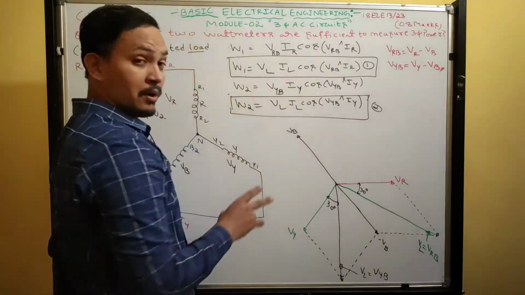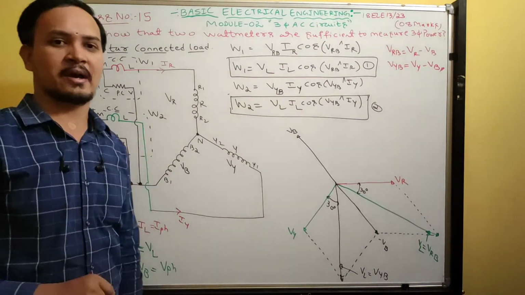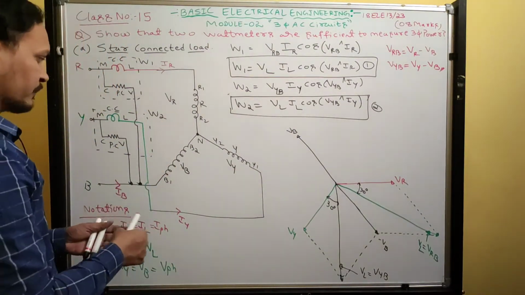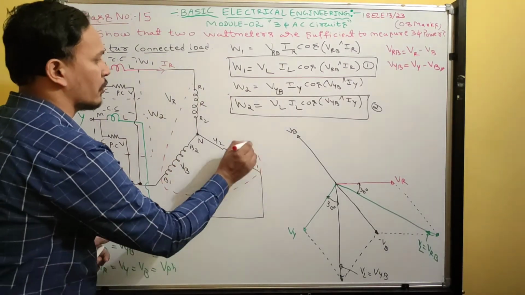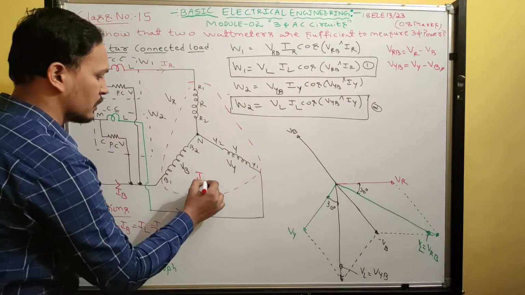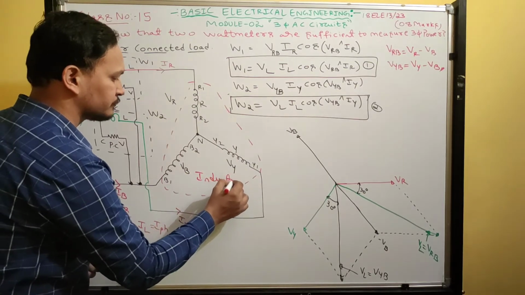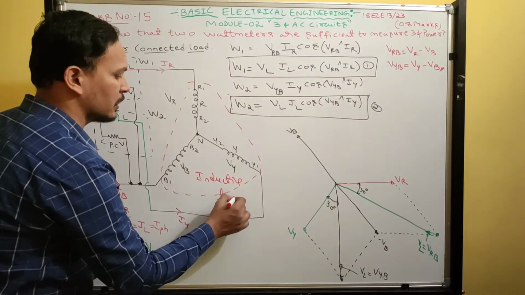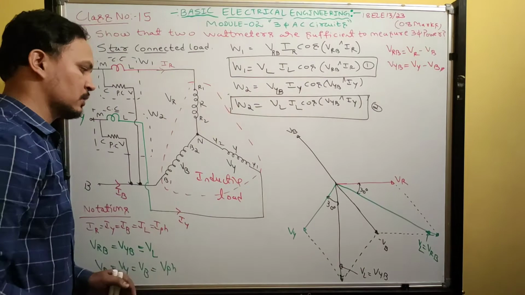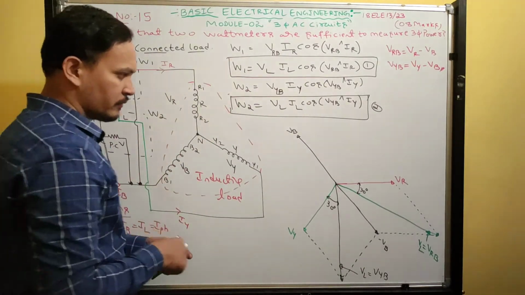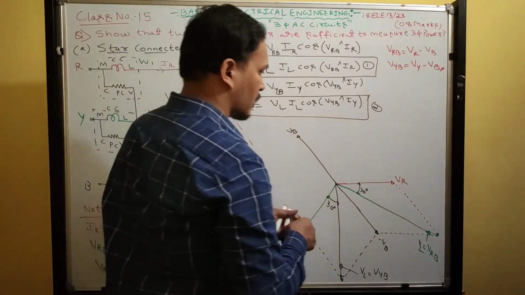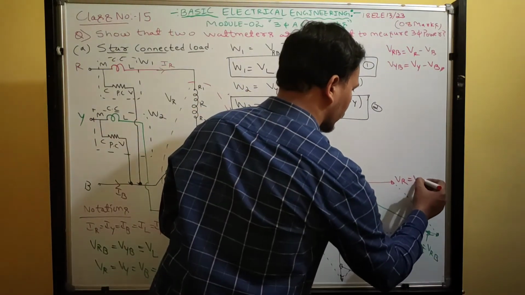But now I need to relate voltage with respect to current. Now assuming this star connected load is inductive. If it is inductive load, not pure inductive, just assume an RL load. With respect to voltage, what are all these VR?